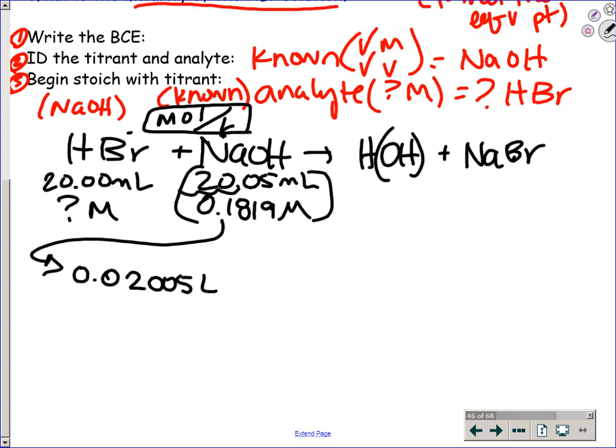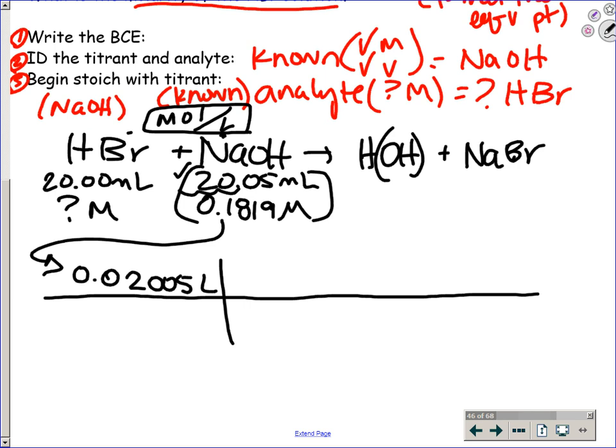0.02005 liters. We're just doing stoich. Now remember, I don't want to write M; I want to write moles per liter because that helps me see the units to cancel. So do I want to put this number on top or on the bottom?